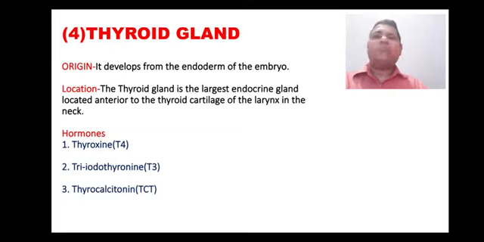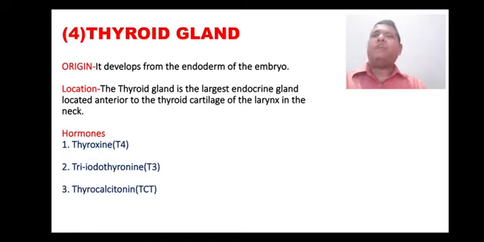Hormones of the thyroid gland. The thyroid gland secretes different kinds of hormones. Number 1, thyroxine, T4, and triiodothyronine, T3.